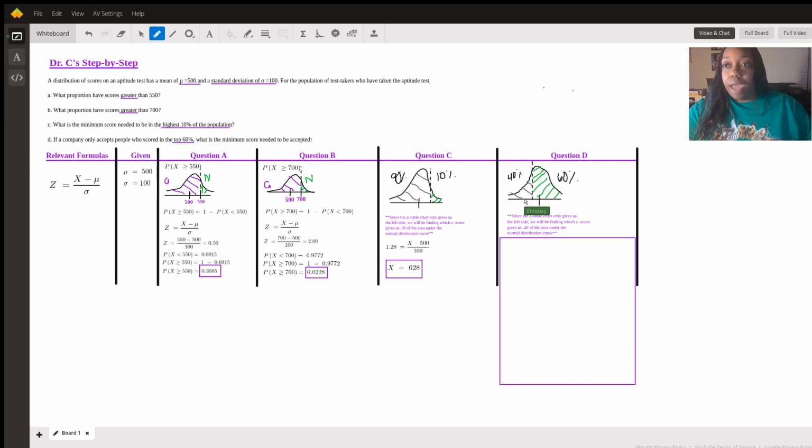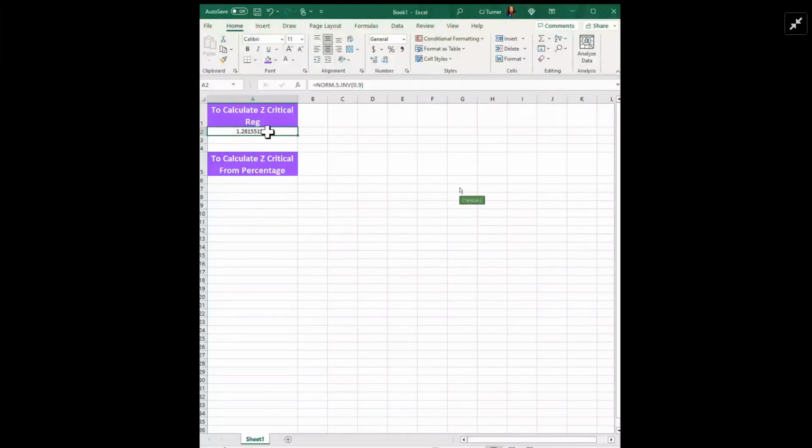So again, we go back to our Excel table. 0.4, that gives us about negative 0.25.